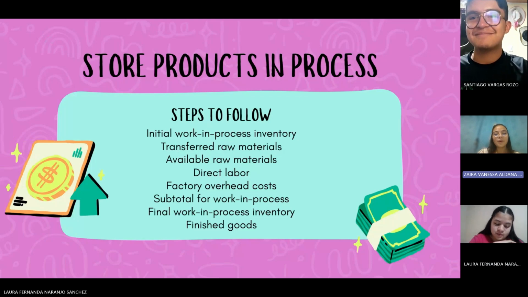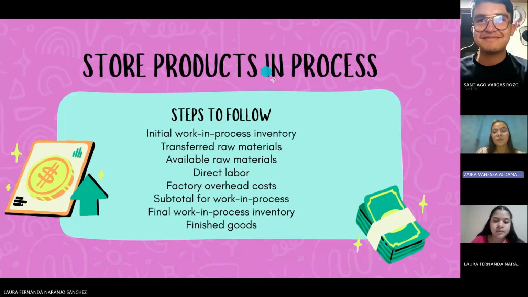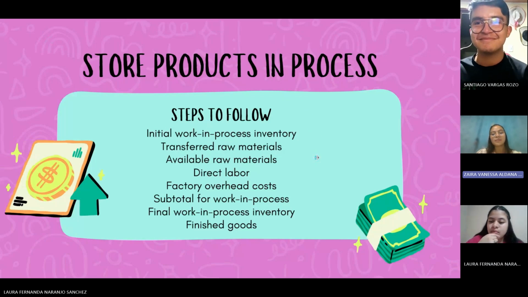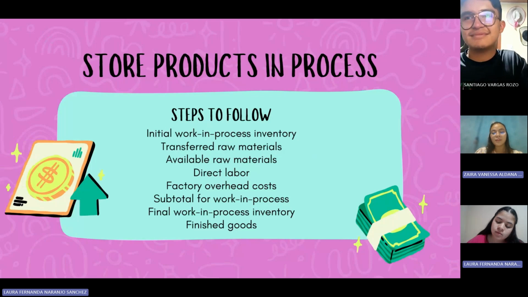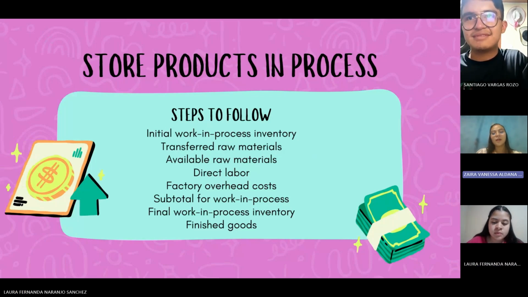Subtotal for work in process, the sum of all accumulated costs. 7. Final work in process inventory, the value of items still in production at the end of the period. 8. Finished goods production transferred to the finished goods warehouse.